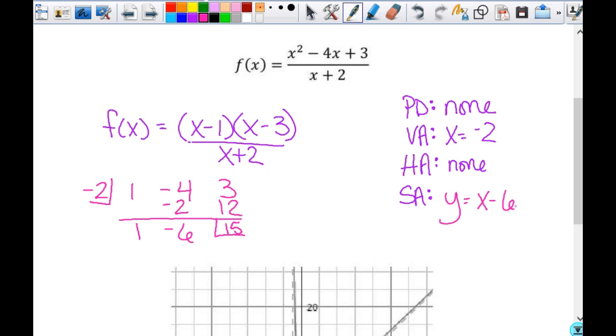First of all, we do this and we don't actually write out the whole quotient. If I write this out after my synthetic division, what this gives me is x minus 6 plus 15 over x plus 2. Everybody agree with that?